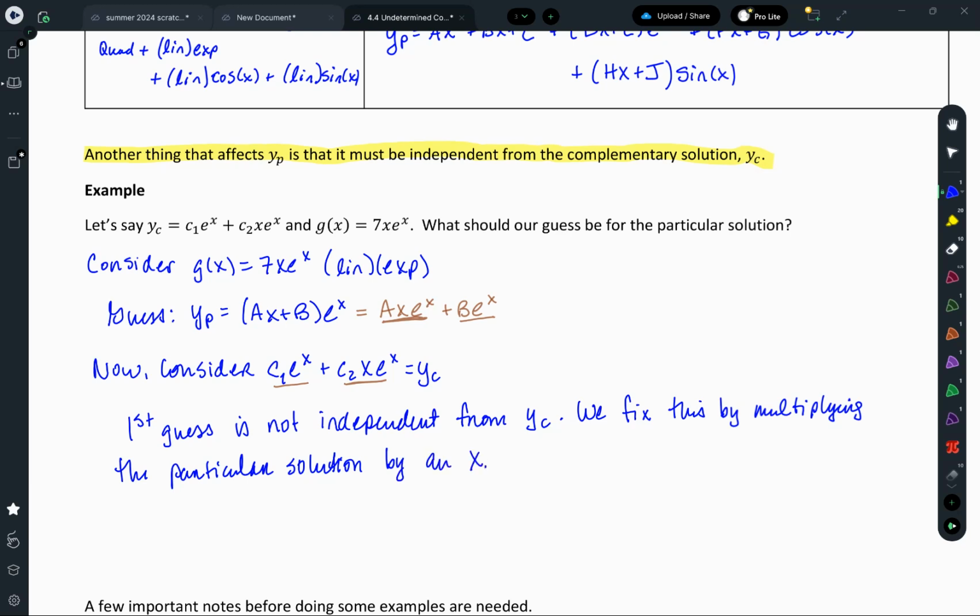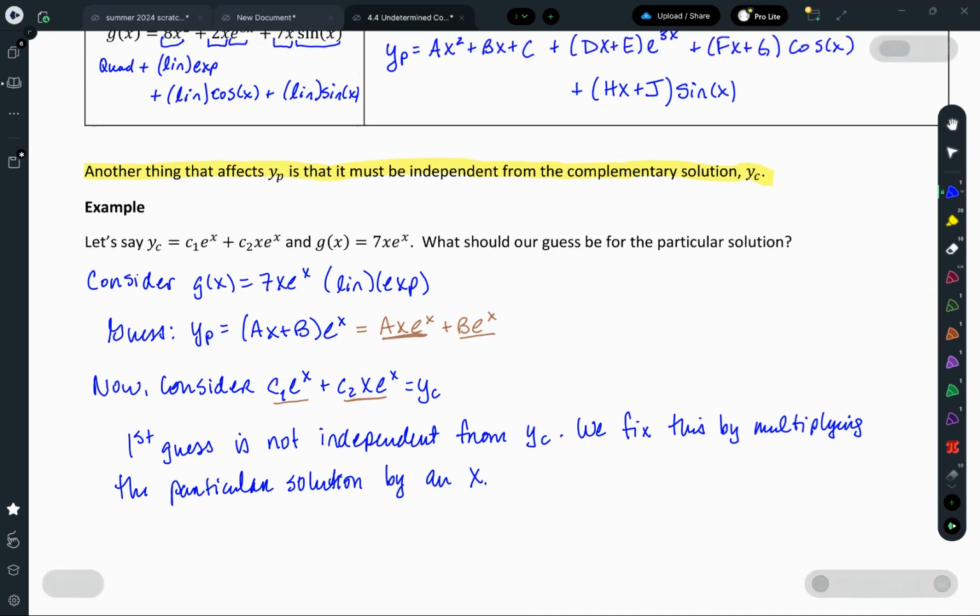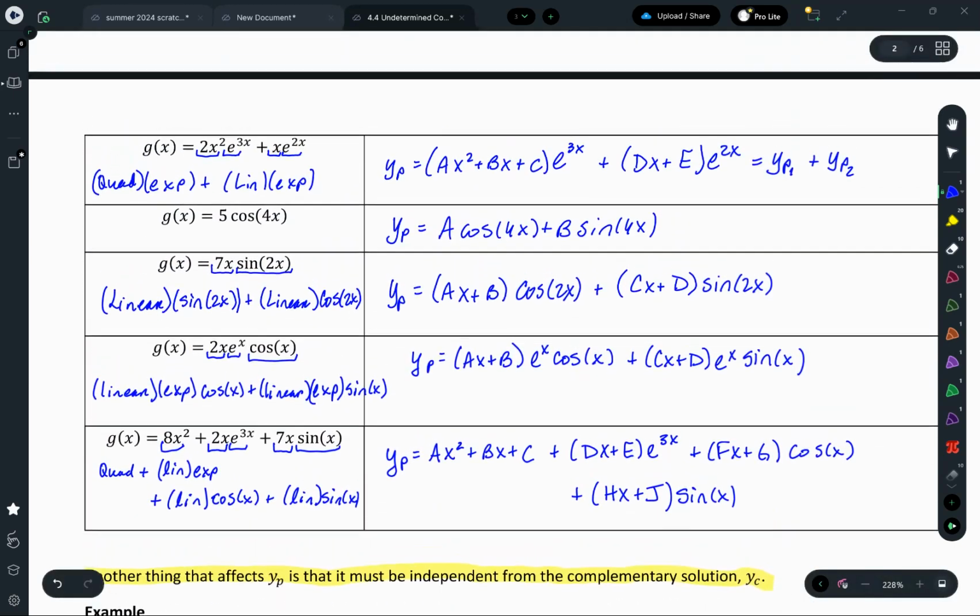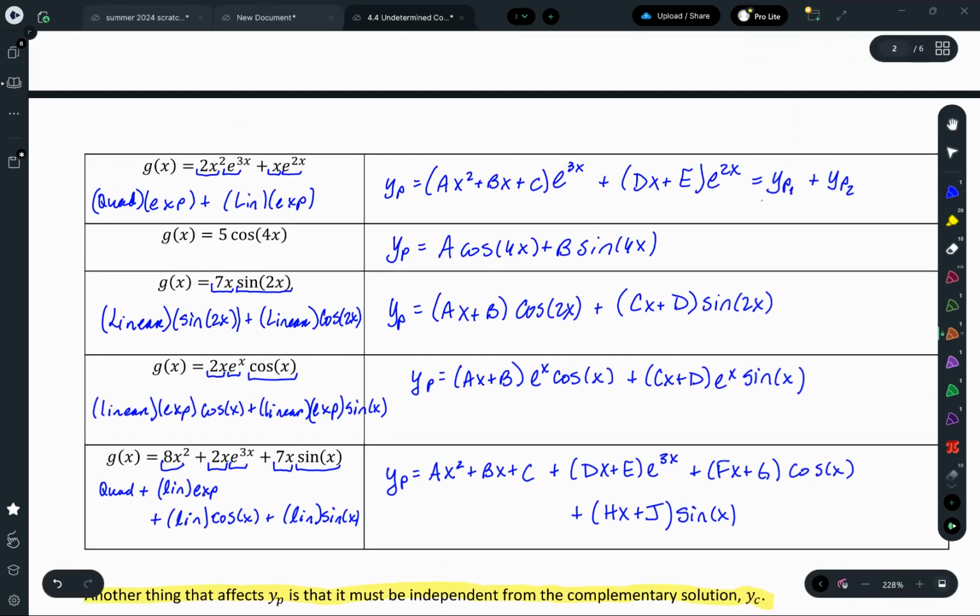Now I only want to focus on the particular solution that is associated with the repetition, okay? And what I mean by that, I'm going to take a quick pause and go up, is, do you remember up here when I said that we could break up a particular solution as a sum of particular solutions?